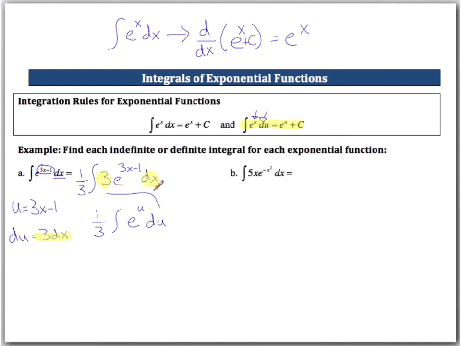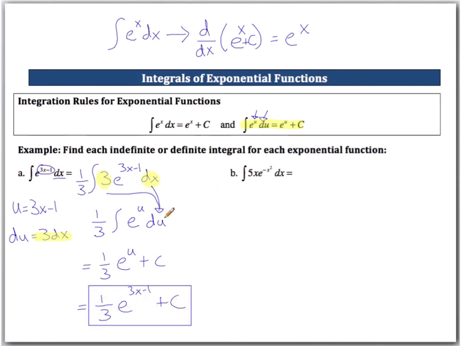So we just grouped the 3 dx and rewrote it as du. And so this is going to be 1/3 e to the u plus c. And then we'll just back substitute in for u. So we have 1/3 e to the 3x minus 1 plus c.